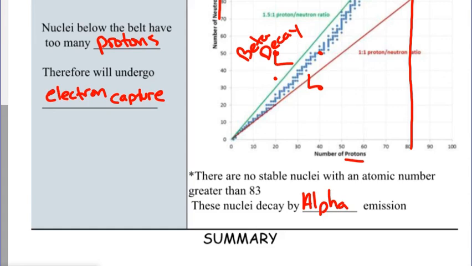The reason we stop at 83 or 82 really has to do with the size and the stability of the nucleus. Even though we're packing in more really tiny protons and really tiny neutrons, the nuclei do tend to get quite large and therefore more unstable. Okay, so we do need to understand that if we plot our points and land somewhere beyond that number of protons, then we're also going to be unstable and therefore are going to undergo alpha decay.